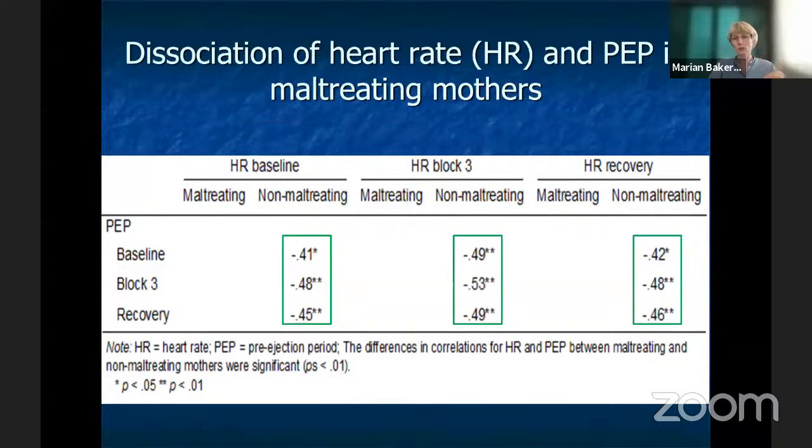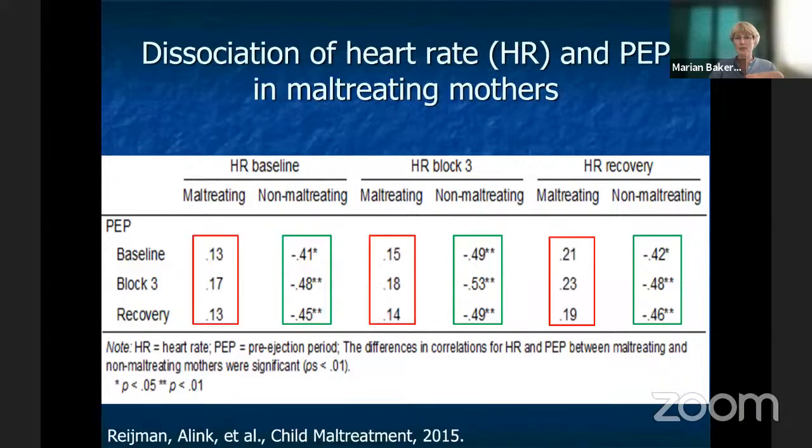Moreover, in a non-maltreating group, there was the expected negative association between heart rate and pre-ejection period that was absent in the maltreating group. So there was a dissociation of heart rate and pre-ejection period in maltreating mothers when exposed to infant cry sounds.